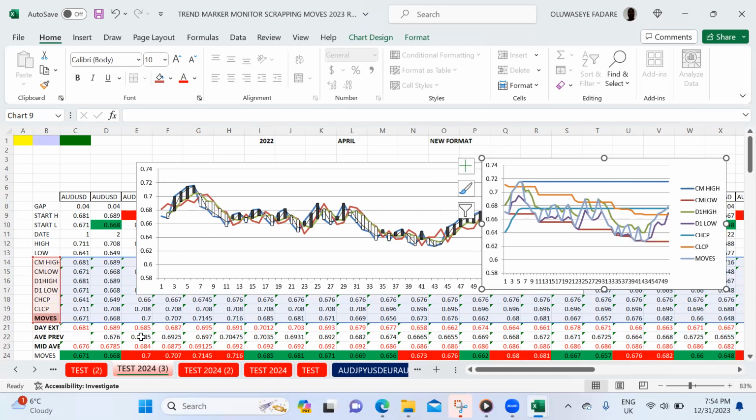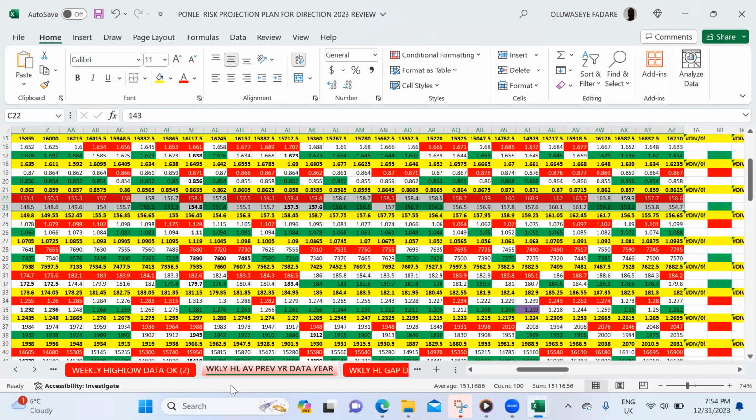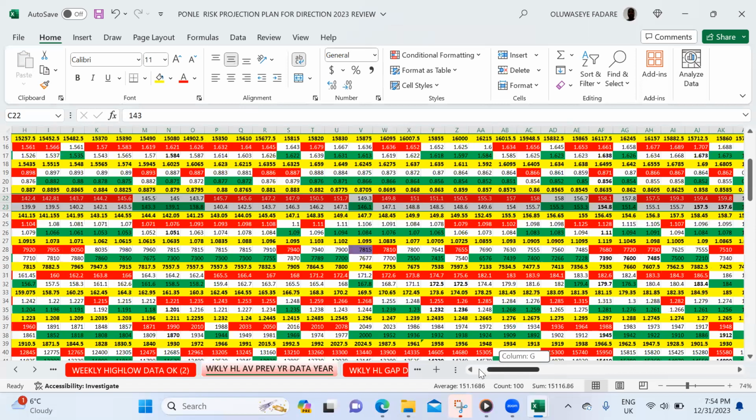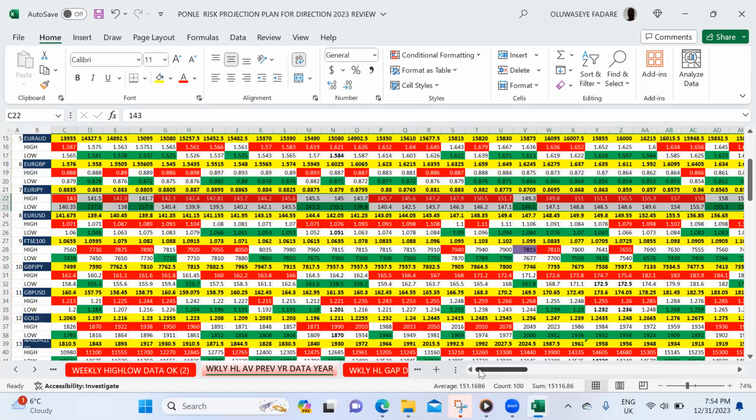Okay, so let's look at our data and identify. The only thing is we need to get the computation of the values because some of them are not correct.